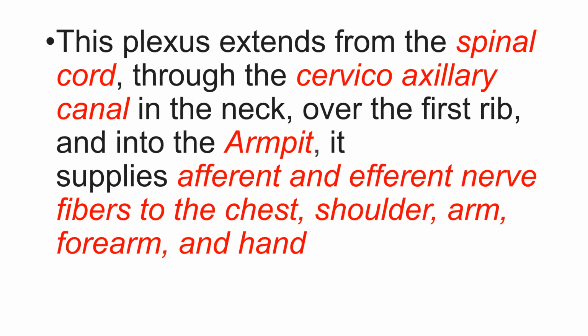It exits in between the scalenus anticus and medius to the arm. So it exits from the cord to the armpit. It supplies the afferent and efferent nerve fibers to the chest, the shoulder, the arm, the forearm, and hand. Never forget this.